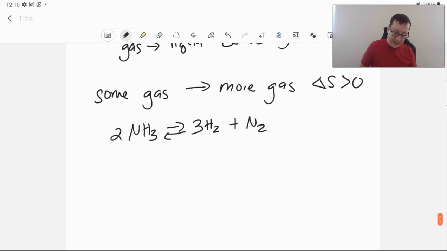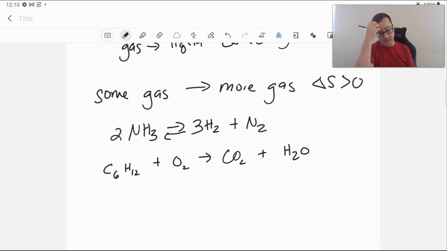For example, let's take C6H12 and burn it. We're going to make CO2 and water. And let's see if we can balance this. Oh, thank goodness, it's an even number. 6 plus 12 is 18, so we need 9 oxygens. Here we're going from, let's say it's a liquid, 9 moles of gas plus a liquid to 12 moles of gas. We might be predicting to say, yes, this is going to be more entropically favorable.